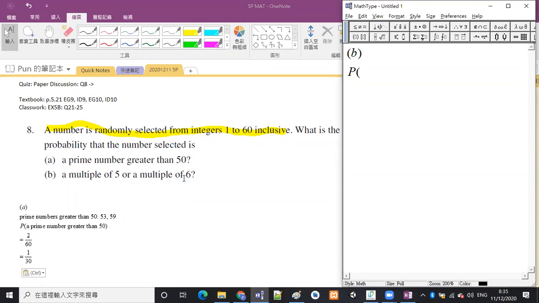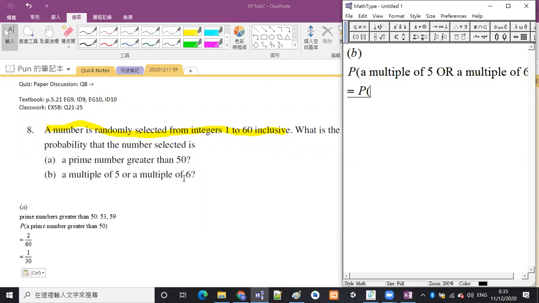Again, probability, that it is a multiple of 5 or a multiple of 6. Can you see the keyword "or"? When you see the keyword "or", you need to use that formula: P(A or B) is equal to P(A) plus P(B) minus P(A and B).